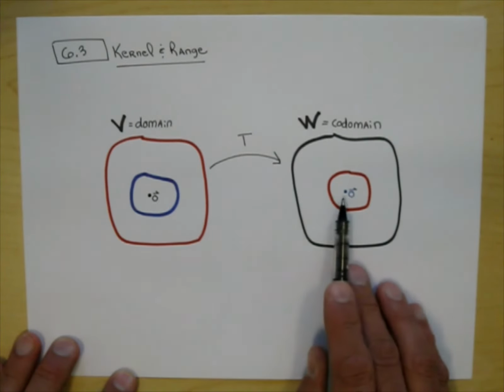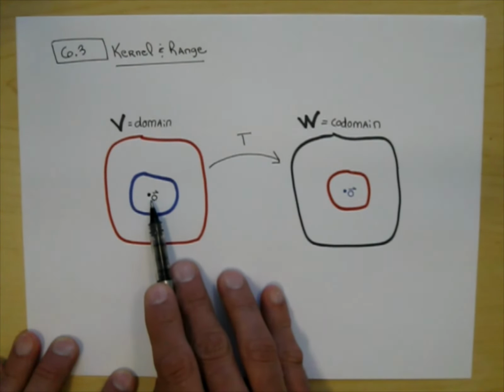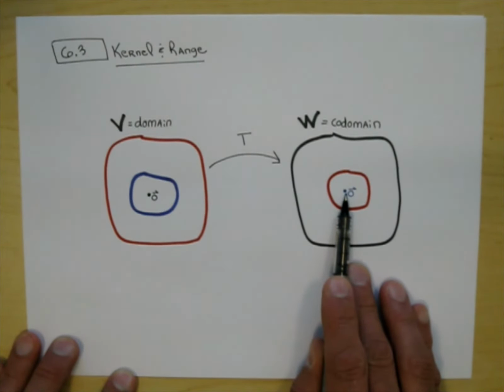It might be hard to see on the video, but the zero vector over here is blue, and the zero vector here I made black. This zero vector maps to that zero vector if this really is a linear transformation.